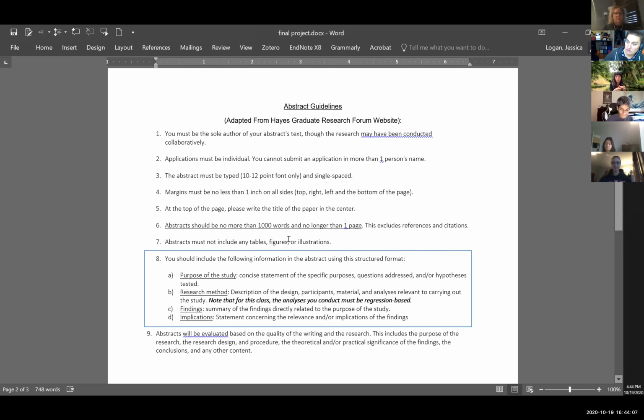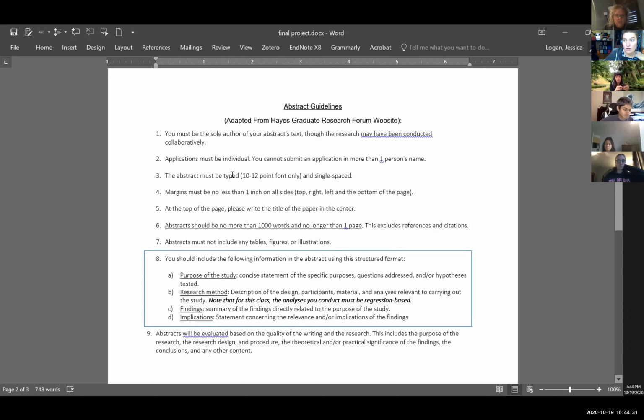And then these are the instructions about what it should look like. And I'll be posting this tonight after I proofread it and make sure that my introduction to you makes sense. It will have 4 sections that will seem familiar to you: purpose, research method, findings, and implications. So that's results and conclusions, basically.